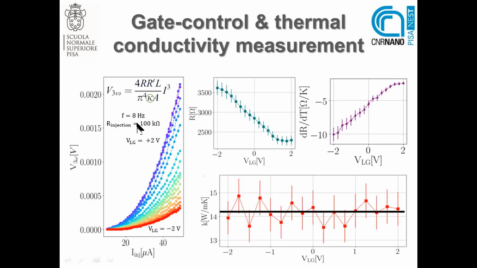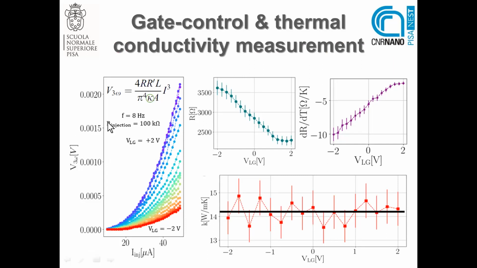We were operating our device in AC, of course, and basically the frequency was about 10 Hertz, and the injection resistance about 100 to 200 kilo ohm.